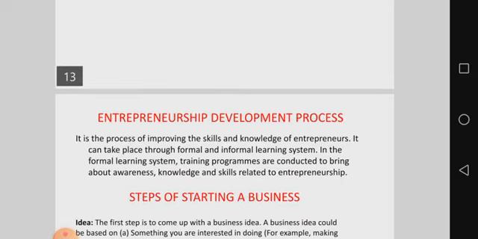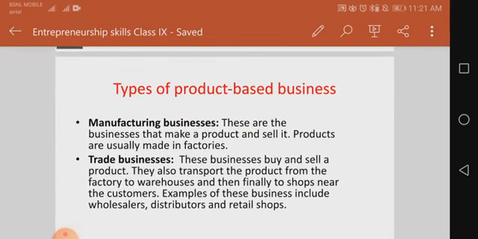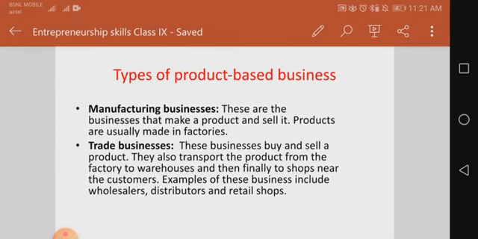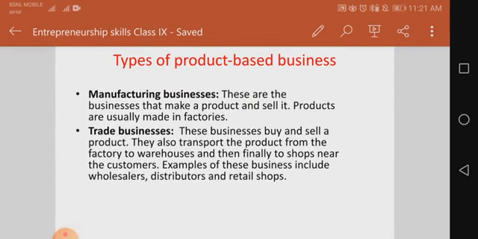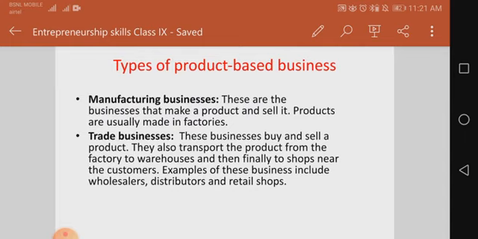Now there are a few more things. Let's talk about the types of product based businesses. The first is called a manufacturing business. These are the businesses that make a product and sell it.